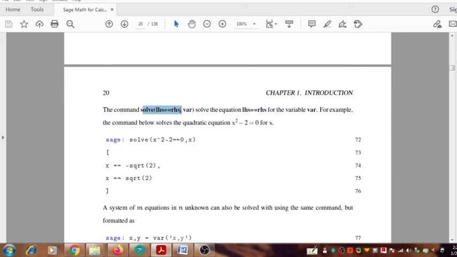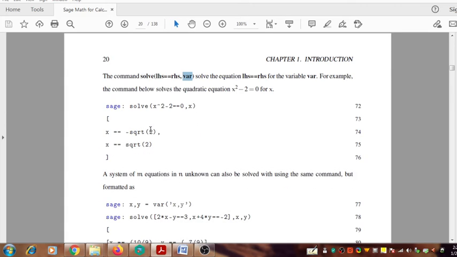So you should learn this syntax by heart. In this syntax, you can see the left hand side, then double equal to, the right hand side, and then the variable whose value you want to find as the second part.